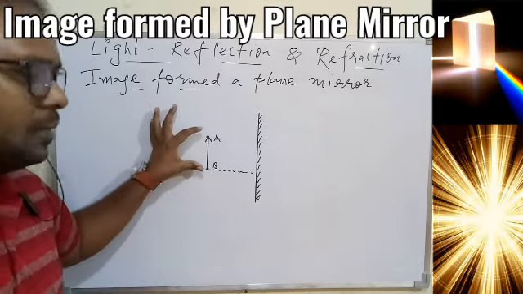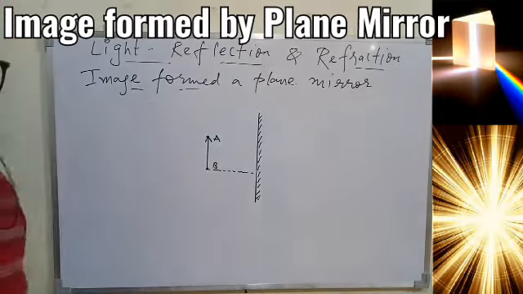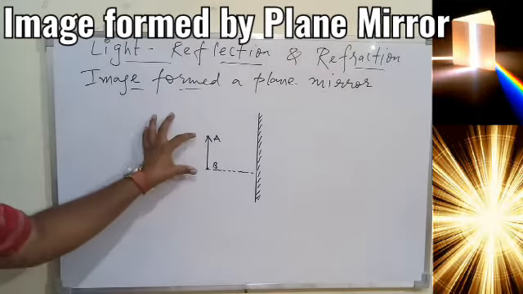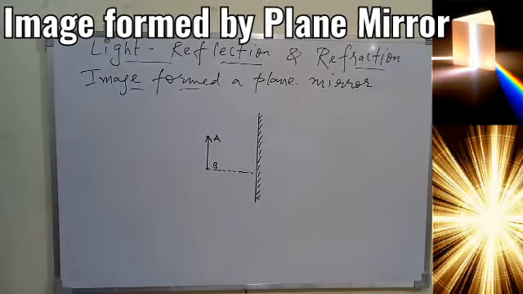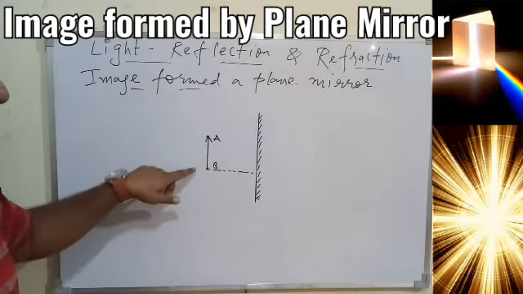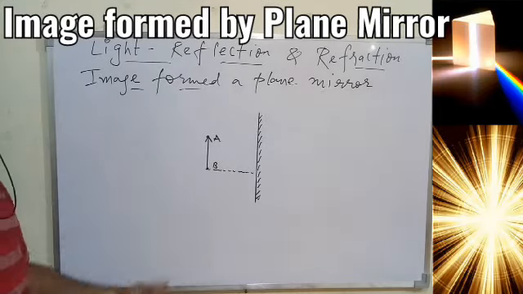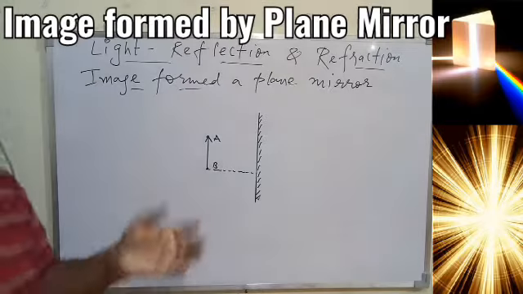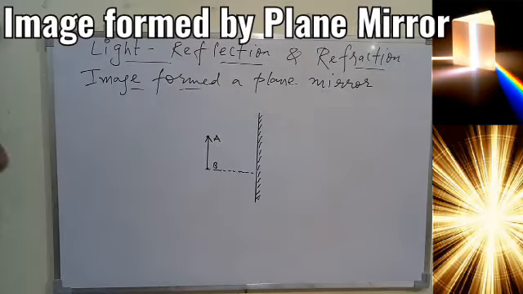The total image of AB. So all the time we apply this rule for any kind of mirror or lens for a particular height of the object. We just try to find out the image of A and image of B. Wherever the image of A and B are connected, that will basically show the image of the entire object.